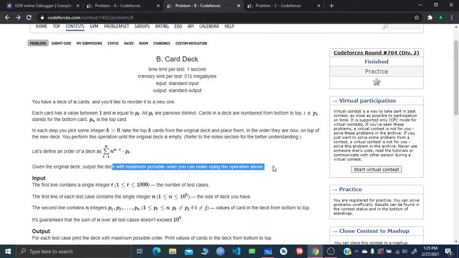To find the maximum possible order, given this logical operation here, it's obvious we need to do some manipulation to analyze which are the values that profit us the most, which are the values that give us the maximum.